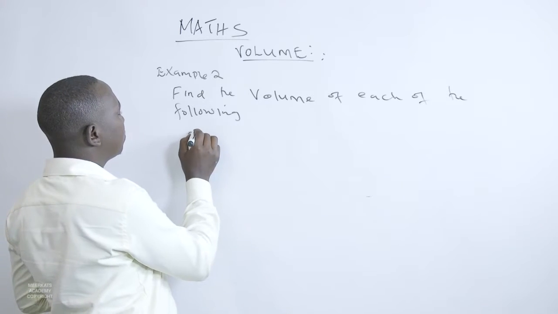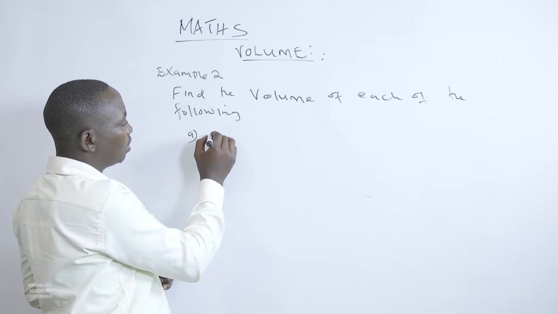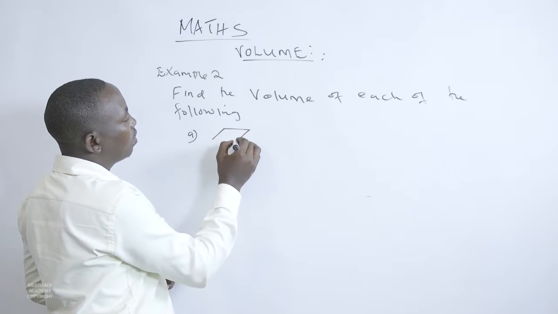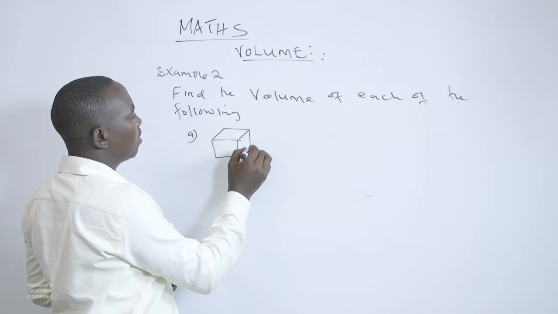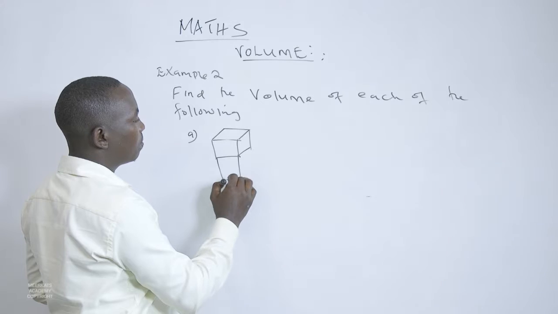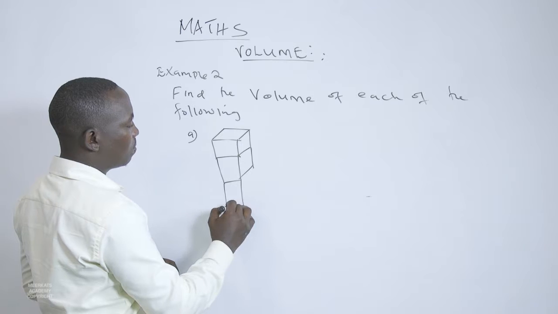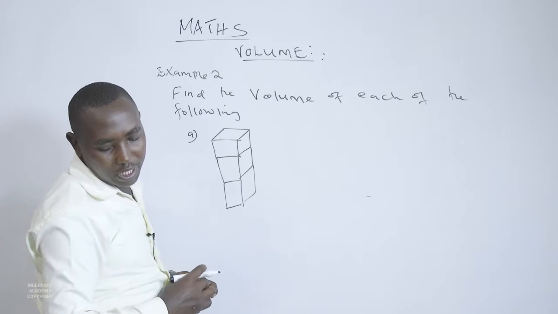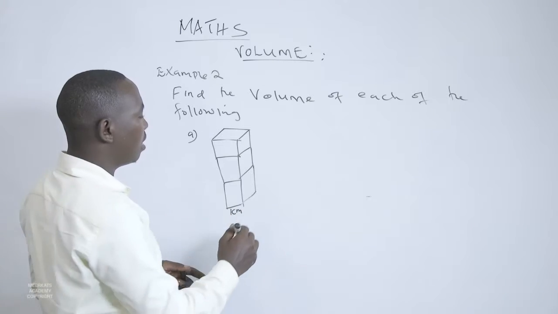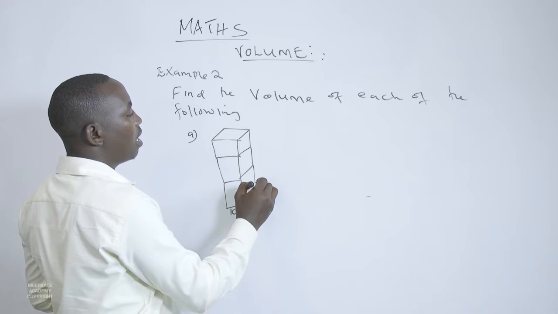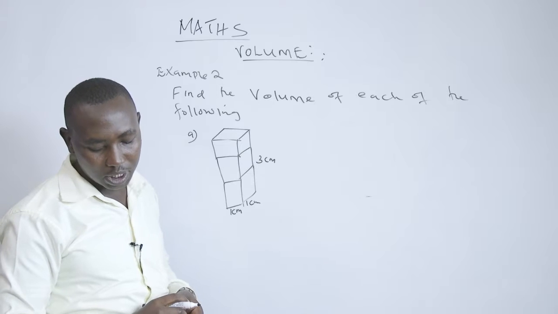Part A, we have 3 cuboids which have been put one on top of the other. So those are 3 cubes, each measuring 1 centimeter by 1 centimeter. Each of these is 1 centimeter, so in total we have 3 centimeters.